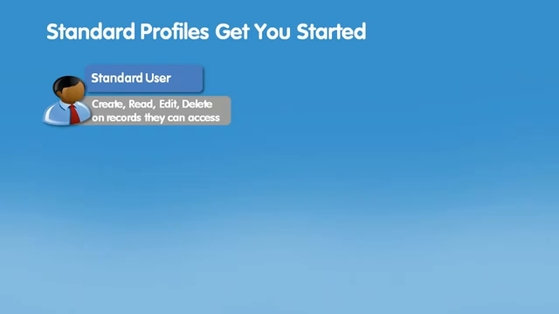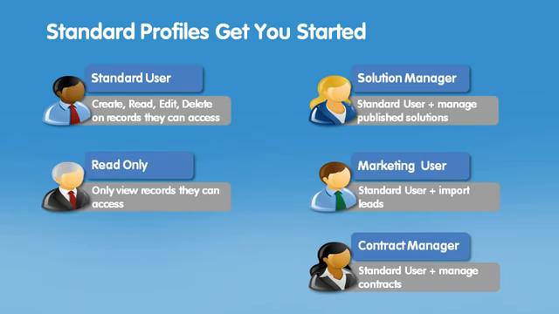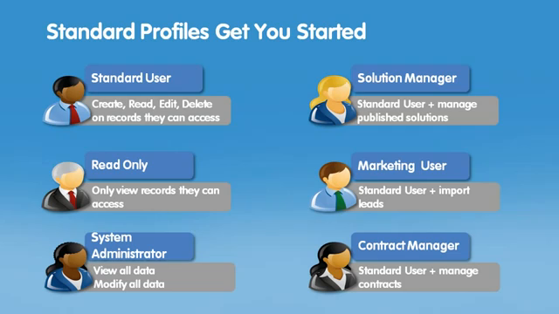There are 3 additional profiles that are based on the standard user. These profiles build on the standard user profile with additional permissions for users in specific areas. There are 2 other special profiles: the read-only profile, which grants access to the same objects as the standard user profile, but limits permissions to read-only, and the System Administrator profile.